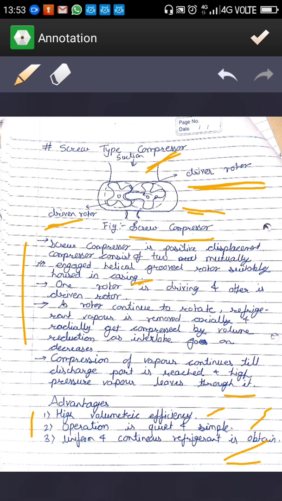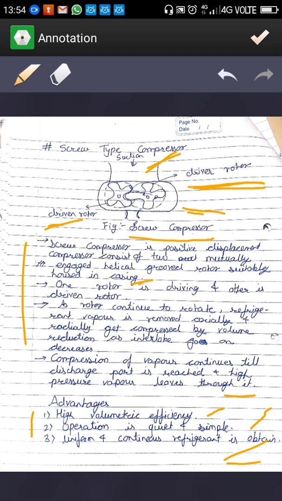The female or driven rotor has six grooves. As the driving rotor turns, refrigerant vapor is drawn into the housing and fills the interlobe space. As the rotors continue to rotate, refrigerant vapor is moved axially and radially and gets compressed by volume reduction as the interlobe space goes on decreasing. Compression of vapor continues till the discharge port is reached and high pressure vapor leaves through it.